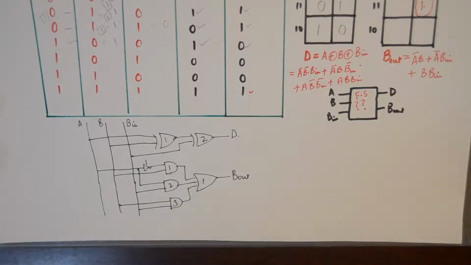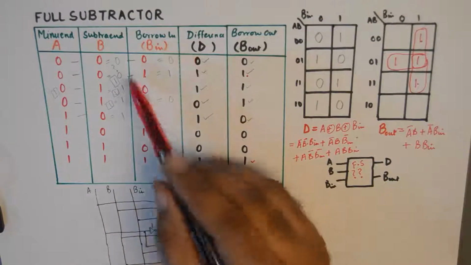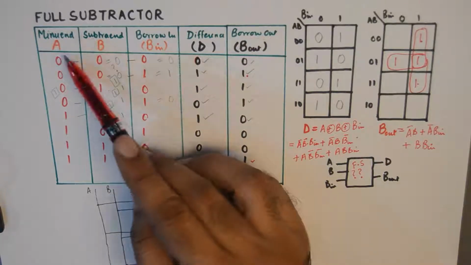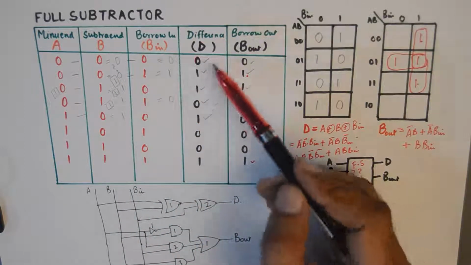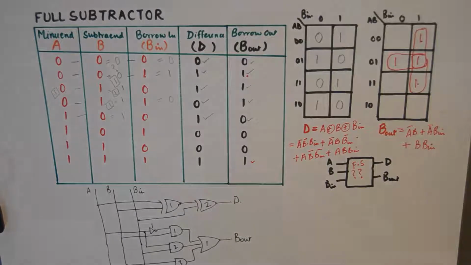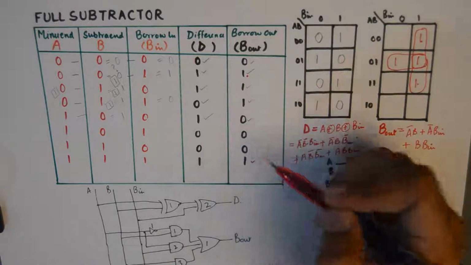Recapitulating the concepts here, full subtractor is a device which is used to subtract 2 bits, taking into account the borrow in from the adjacent position, and it gives us a difference and a borrow out. The truth table is calculated by subtracting the B from the A first, and then the B in is subtracted from the results, and then the difference and borrow out are accounted for in the columns for output.